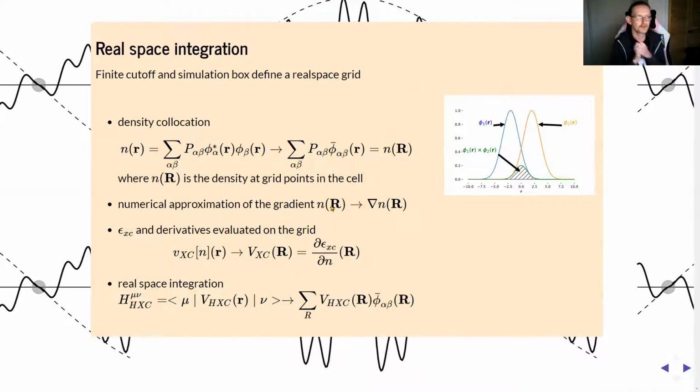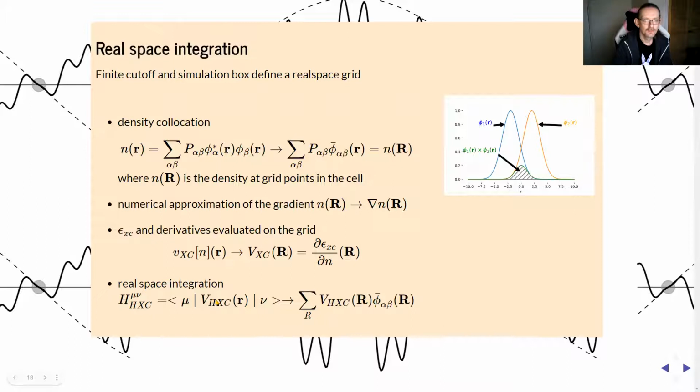And once you've got the density on the grid, you can calculate things like derivatives of the electron density using essentially finite differences on the grid. You can calculate various terms for the exchange correlation functional. You can work all this stuff in a plane wave grid representation.